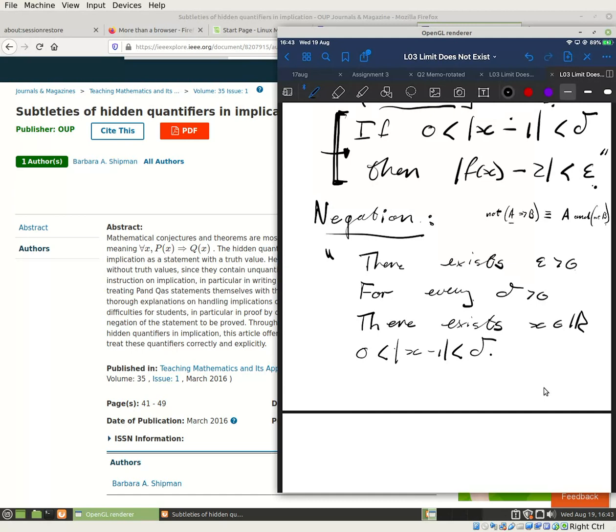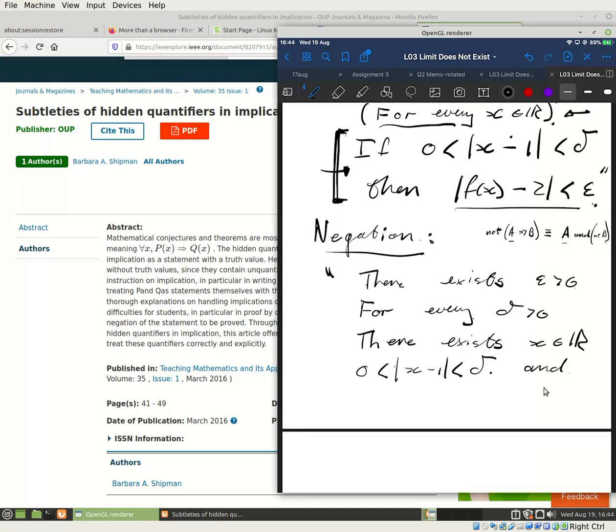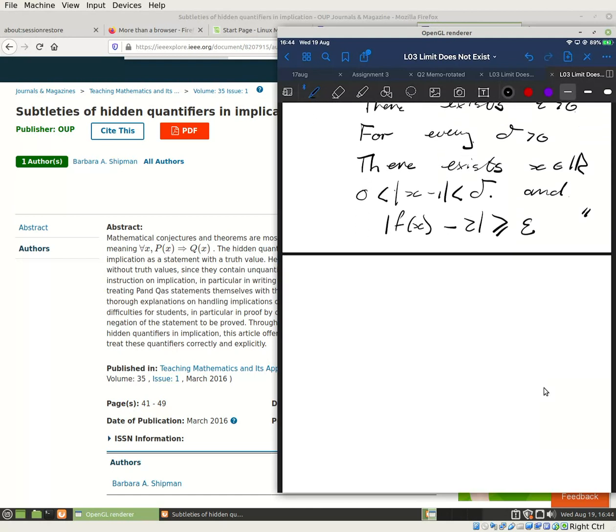So the A stays the same, and not the conclusion of our implication, which is absolute value of f of x minus 2 is greater than or equal to epsilon. Okay, so here is the negation of the statement that we have to prove. And now we're ready to write out our proof outline.